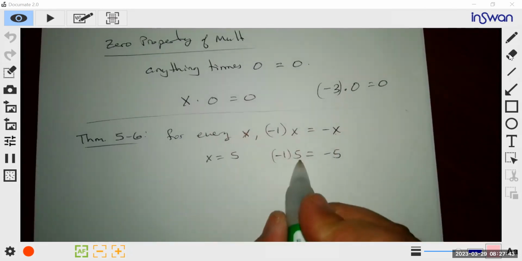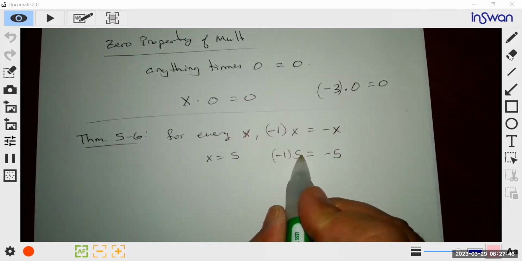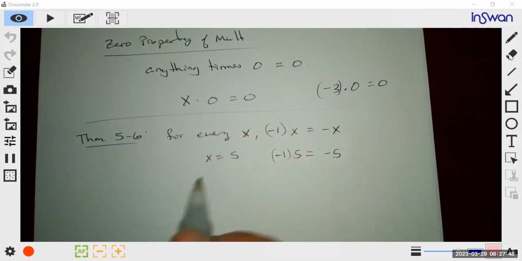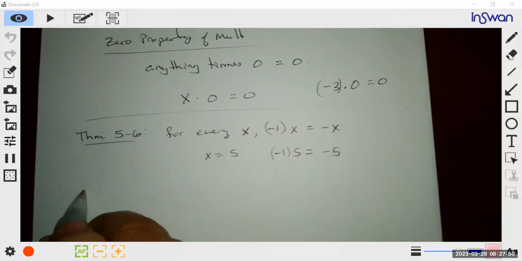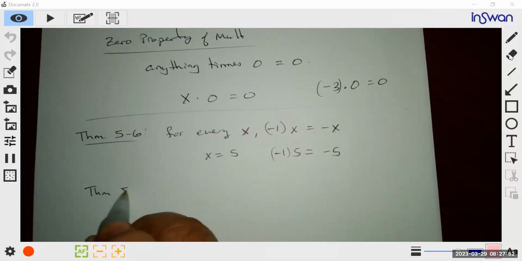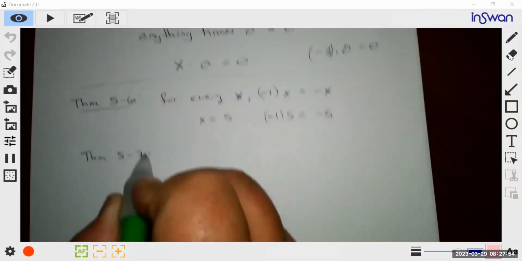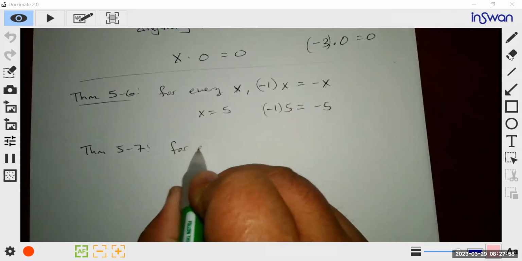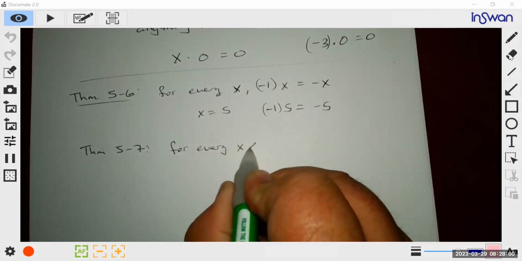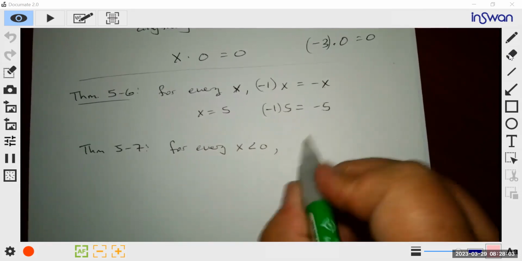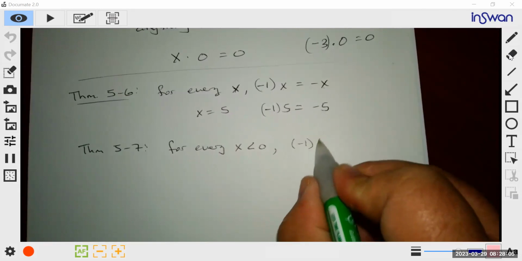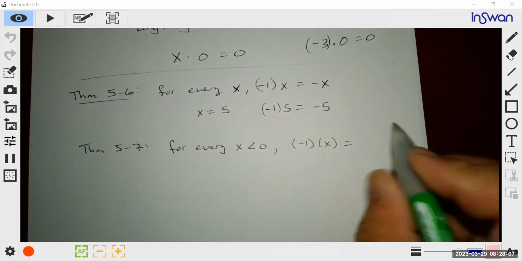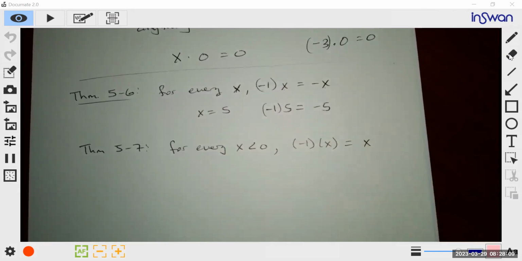Okay, but now what if the x is negative? That's another theorem. For every x less than 0, -1 times x equals -x, the opposite of x.